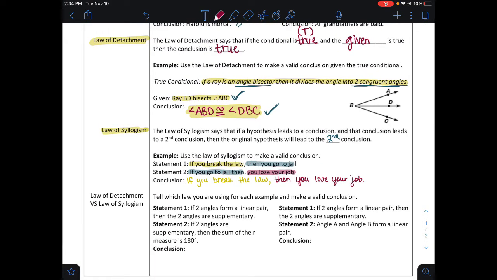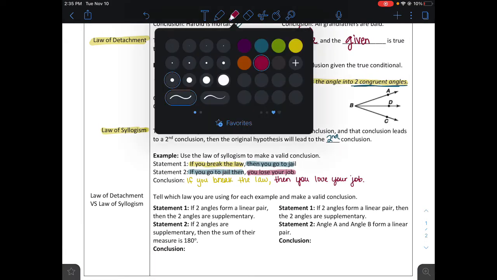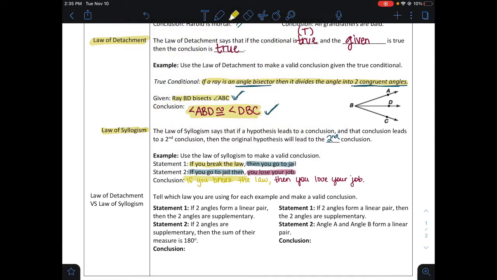So that's how the law of syllogism works. Again, just to reiterate, if you break the law, that goes first. Sorry if you can't see that anymore. And then you lose your job comes second. Basically, syllogism is when you skip the middleman. So I'm just going to write that over here. You skip the middle. So we skipped this part, and then we just join these two together.